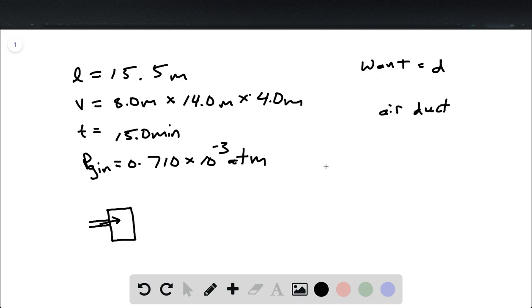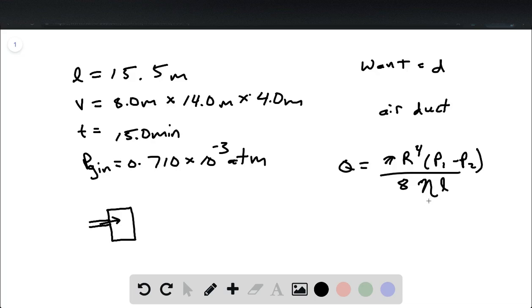And to solve this problem, we can use Poiseuille's equation. So you can find this in chapter 10 of the textbooks. Q, which is the volume rate of flow, is equal to pi times the radius of this pipe to the 4th power times the pressure difference over 8 times the length times eta, the viscosity.